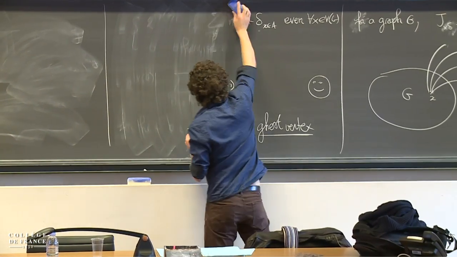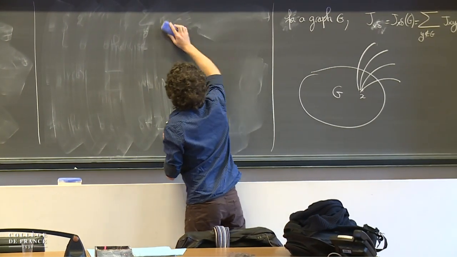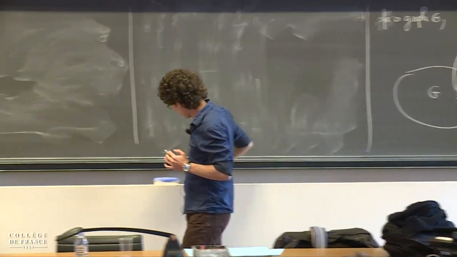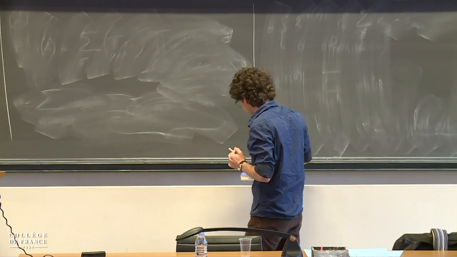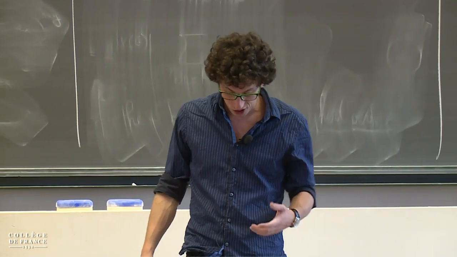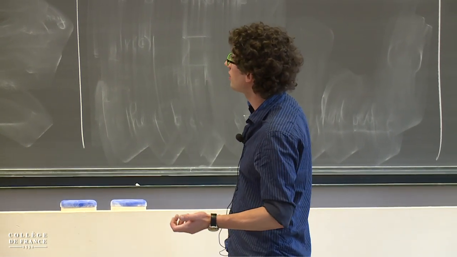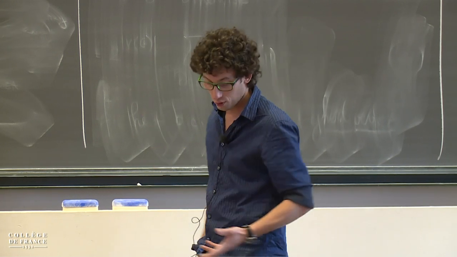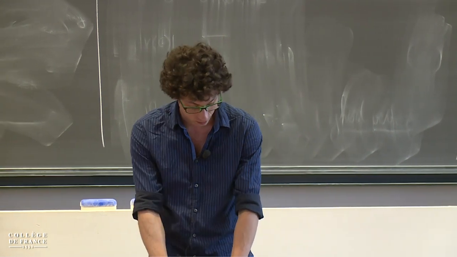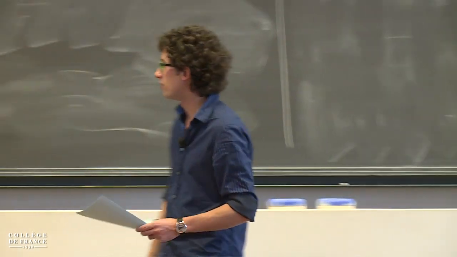So, I asked Michael Aizenman about the intuition behind finding this thing, and somehow it appeared in the original article of Griffiths because it was the natural thing to get the inequality I'm going to talk about in a second. But intuitively, it's not so clear how they got there.